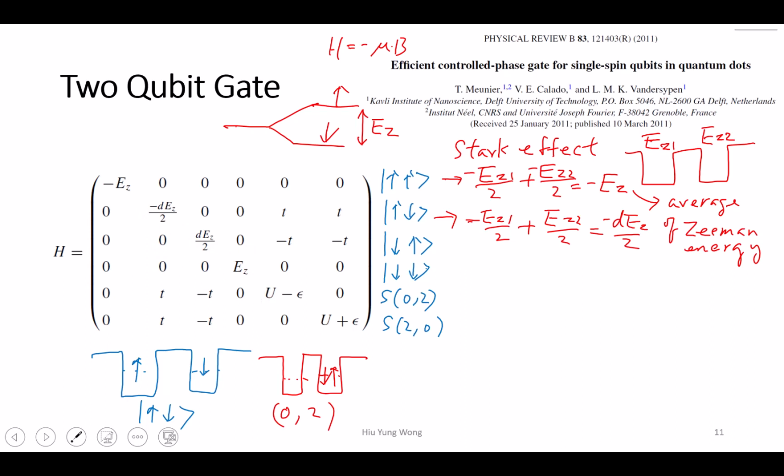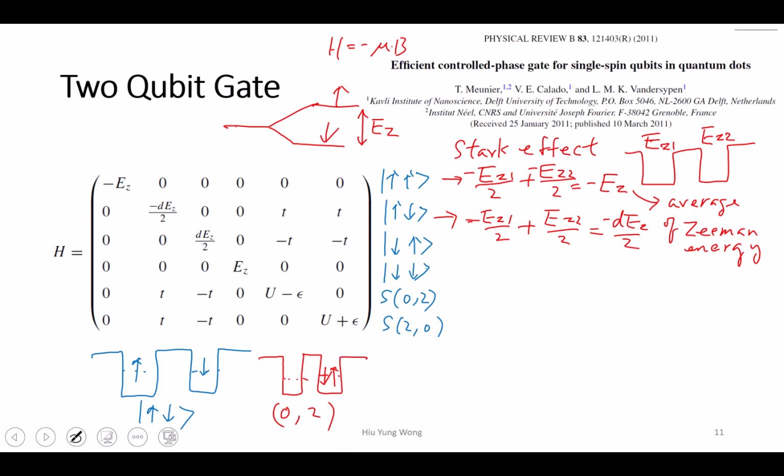Now, there are some terms. Let's look at this first. When we put the charge on the two wells, you have Coulomb blockade. When you already have an electron, the potential increases a lot. It's more difficult to put another electron, right?